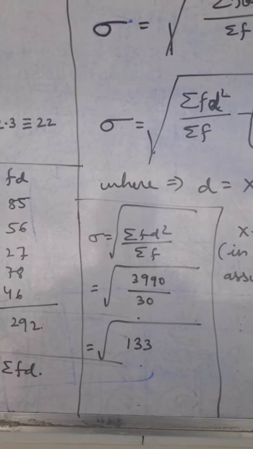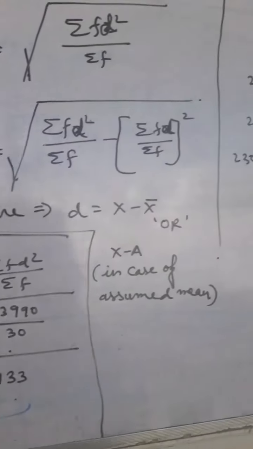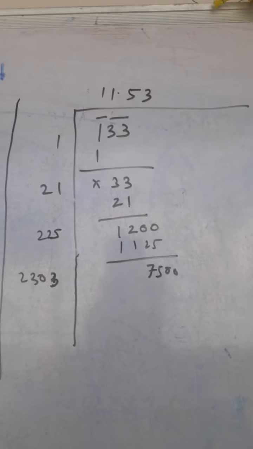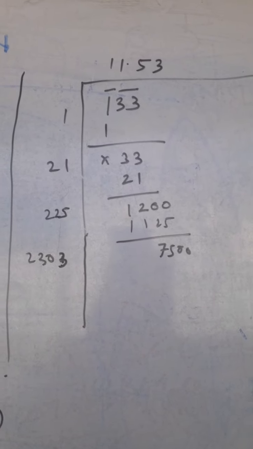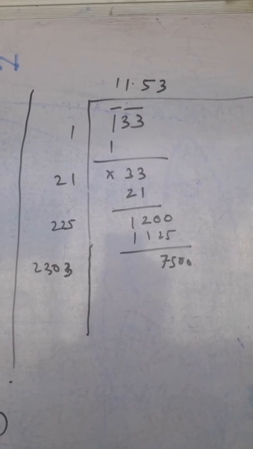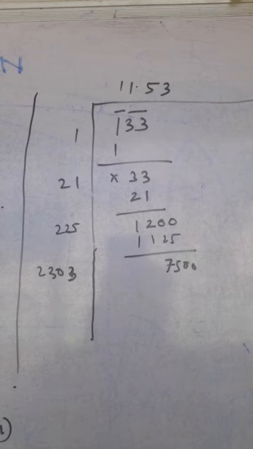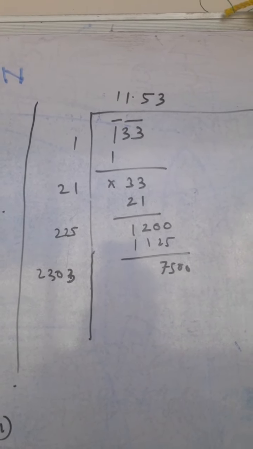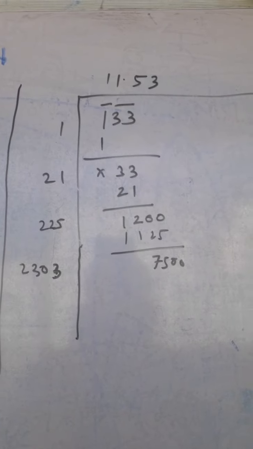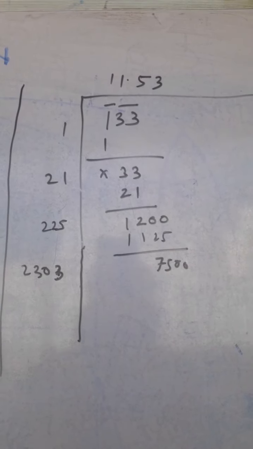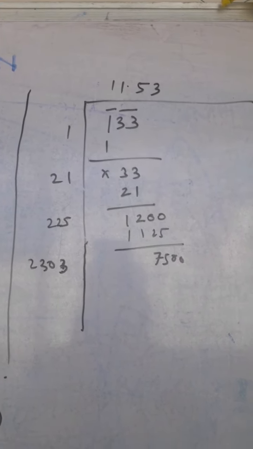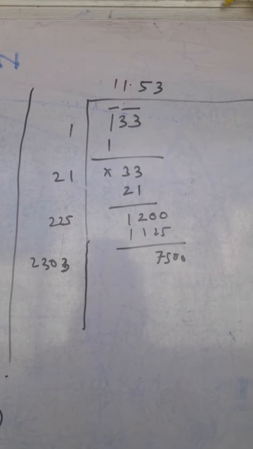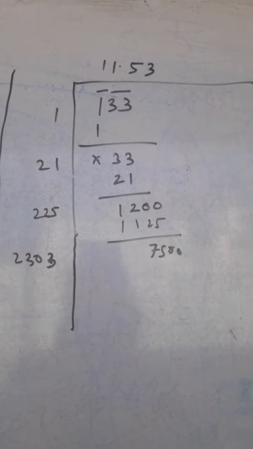Now we have to take the under root of 133. So we can make use of the long division method of calculating square root. We pair the integers from right to left, so we have paired 33 and 1. We take the number whose square is either equal to 1 or less than 1. So 1 into 1, 1. Then we bring down the pair 33.